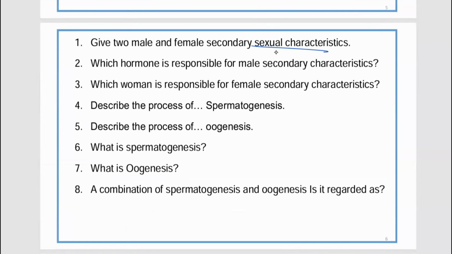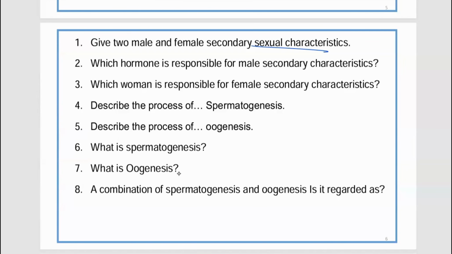Give two male and female secondary sexual characteristics. These are characteristics, we asked you this in June, which show that you are sexually mature. You look at the characteristics which you were not born with. You were not born with the breast. You were not born with that kind of voice. You were not born with the hair under the armpits, or the pubic hair. You were not born with menstruation.